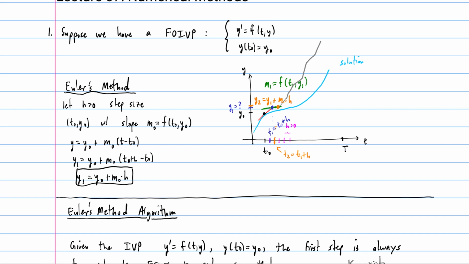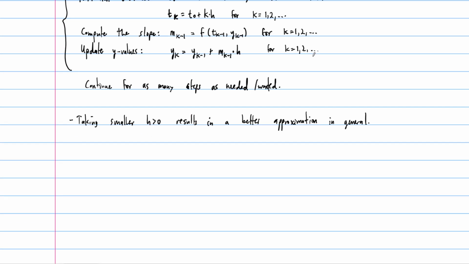If it becomes very vertical, it's going to pull your points right off the page. So the accuracy also depends on the behavior of f near the initial point.